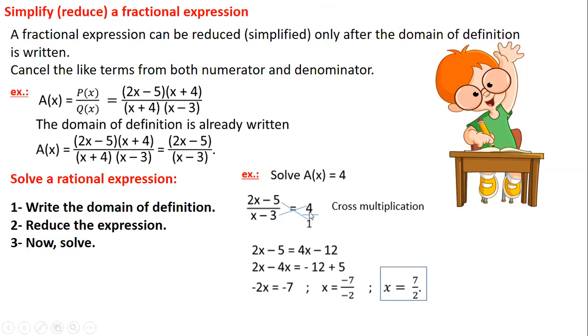Here I directly write 4 over 1, and I do something called cross multiplication. I multiply the first numerator by the second denominator and the second numerator by the first denominator, and I write an equal sign in between. Here I solve an equation as I solved before. So please pay attention to the step of cross multiplication.